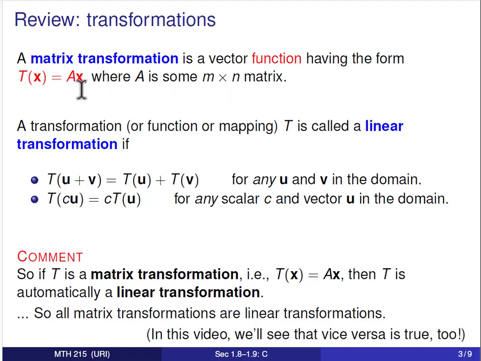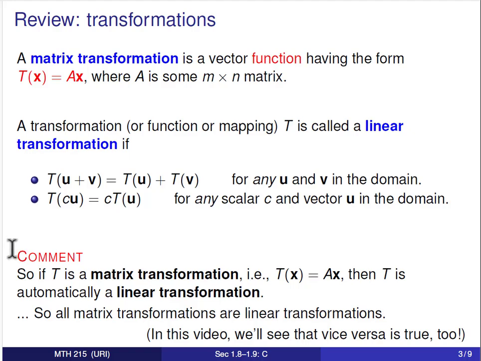So AX is a matrix transformation whenever A is a matrix and X has as many entries as the columns of A. On the other hand, a linear transformation is any function or mapping that satisfies these two properties: the addition property and the scalar multiplication property. If you want more detail, please go back and review the last video.